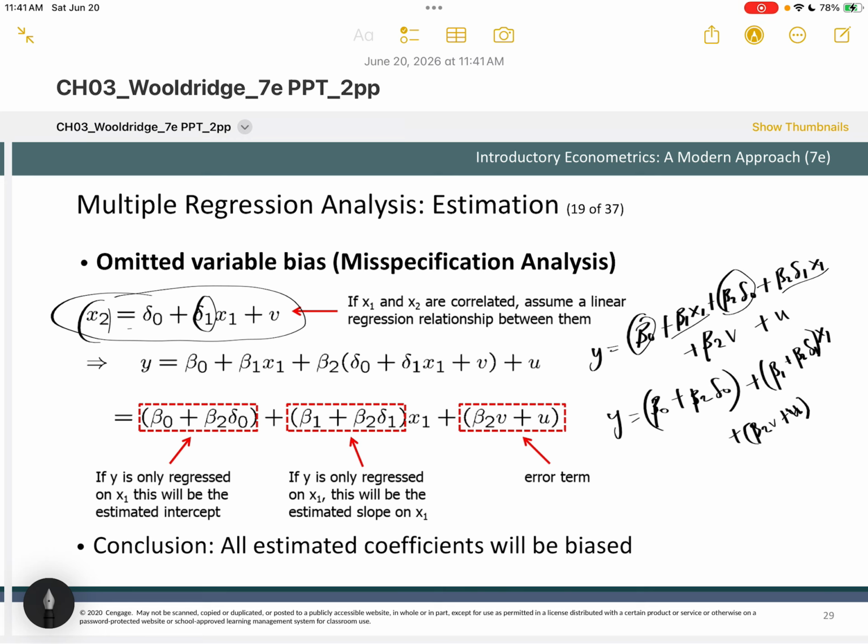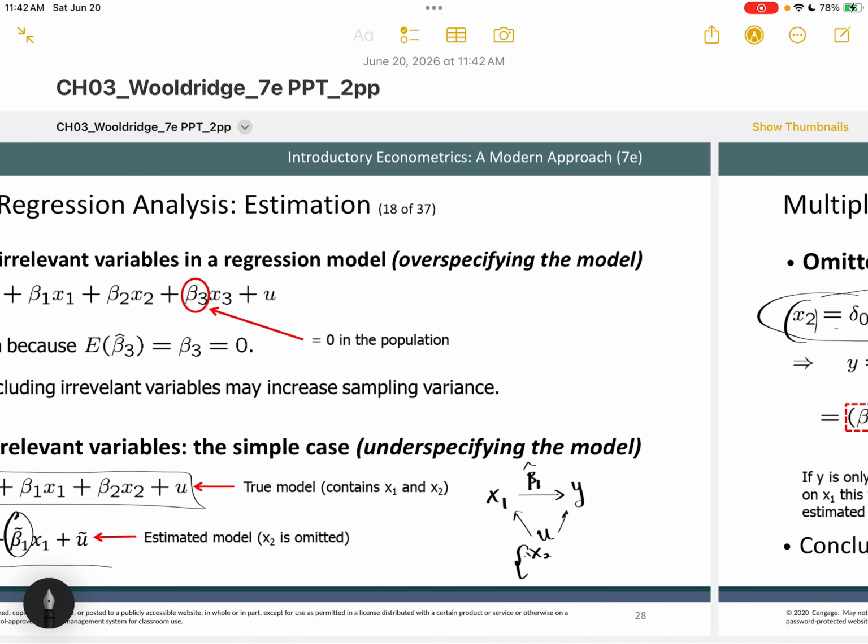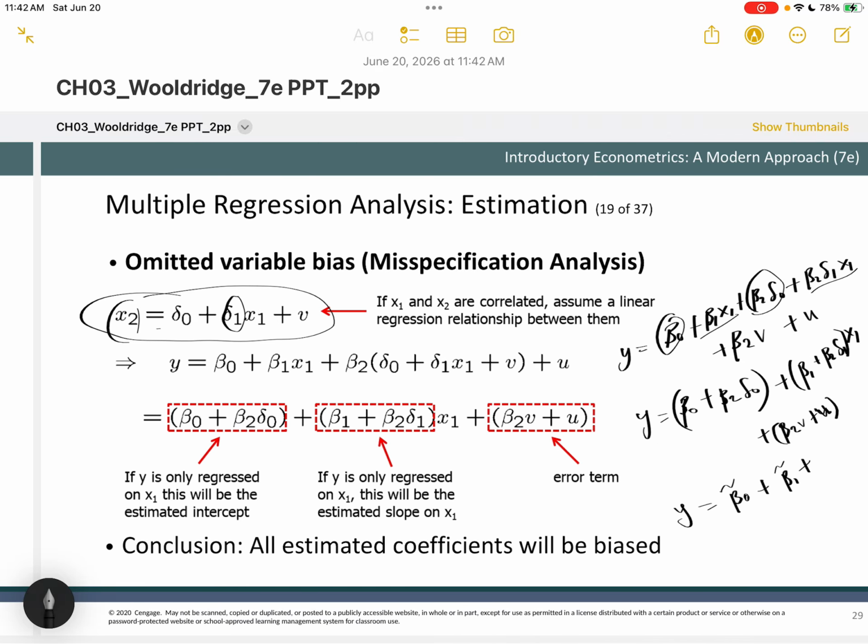u. So this is y equals beta 0 tilde plus beta 1 tilde x1 plus u tilde. And so you can see that beta 0 tilde is equal to beta 0 plus some bias.